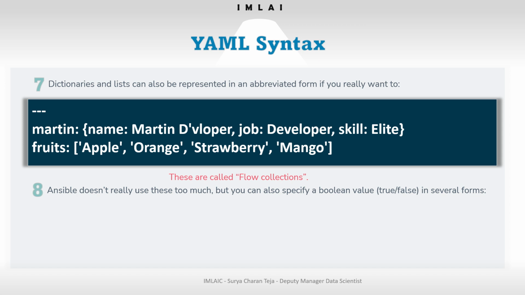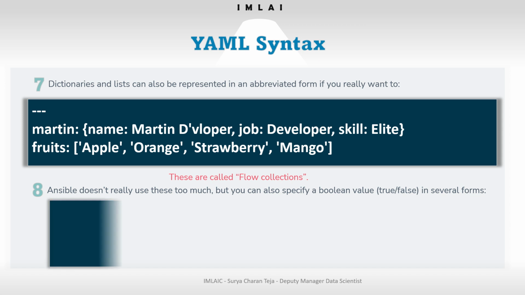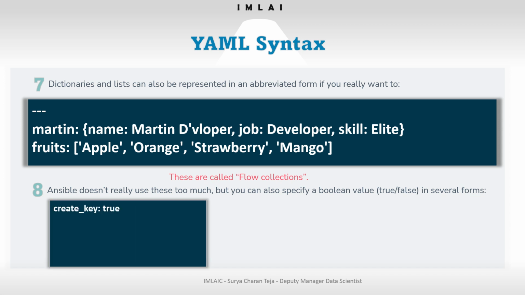Ansible doesn't really use this too much, whatever we're going to see, but that's important. We use that in our YAML files. But you can also specify a Boolean value, true or false, in several forms. One of that is create key.